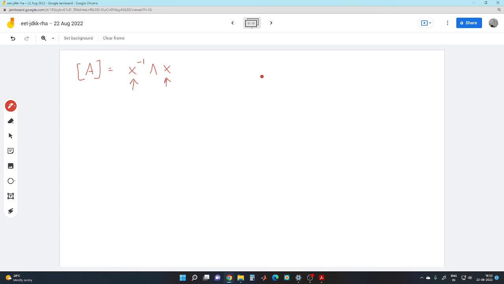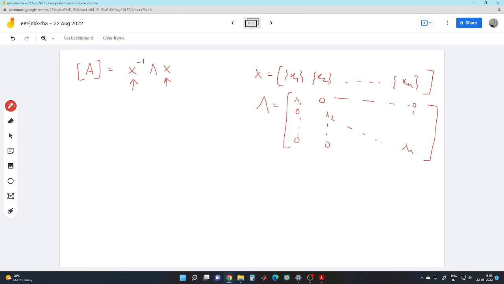So what we do here is X is the vectors x1, x2, up to xn, and lambda is basically lambda 1, lambda 2, up to lambda n on the diagonal, with 0s elsewhere. So it is expressed in this way.